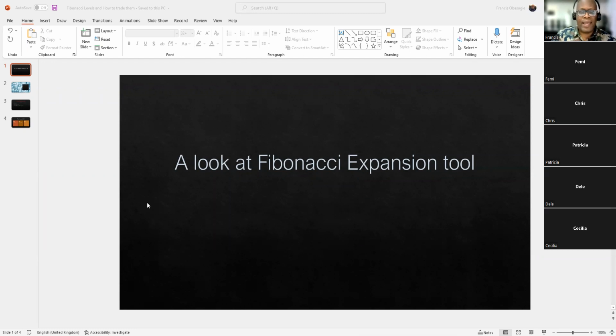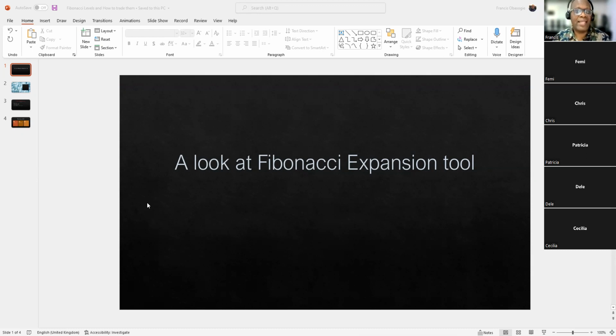Now, what I am going to be looking at today is the Fibonacci extension tool. I'm sure some of you have heard of this tool before, or at least you have heard of the Fibonacci tool. The Fibonacci tool is made up of a number of different tools built in.